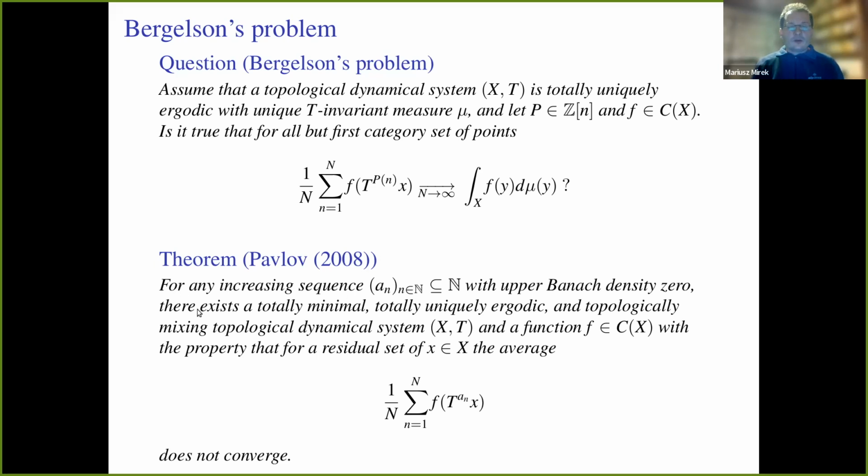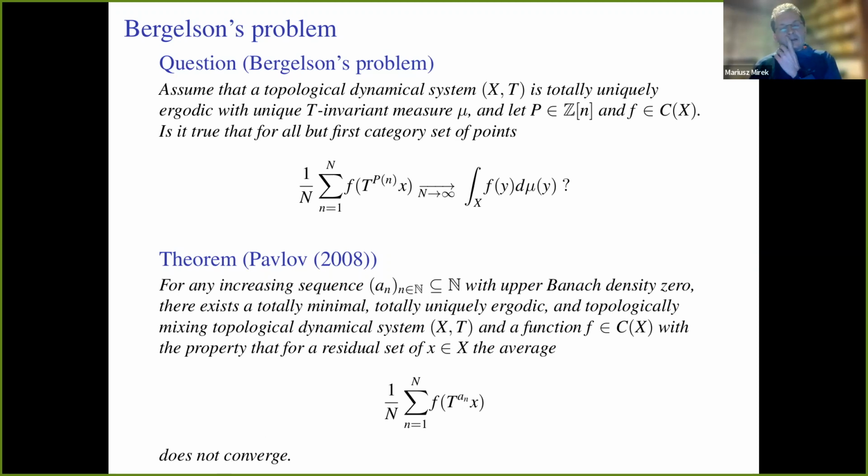He was able to prove the following result: for any increasing sequence with upper Banach density 0, there exists a totally minimal, totally uniquely ergodic, and topologically mixing topological dynamical system, and a continuous function, with the property that for a residual set of points, the average along a_n, along this sequence having upper Banach density 0, does not converge.